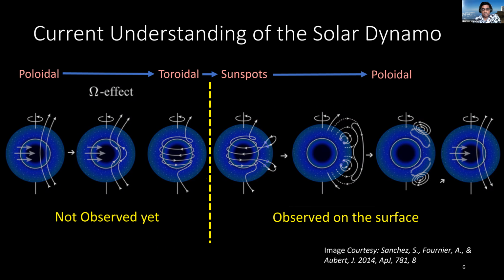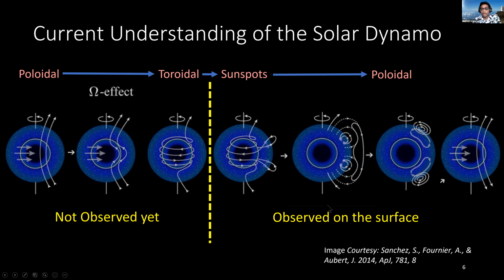Surface flux transport simulations are shown to be pretty useful in predicting what the polar field would look like at the end of a cycle if you know which sunspots are going to emerge and where they're going to emerge and when they're going to emerge.